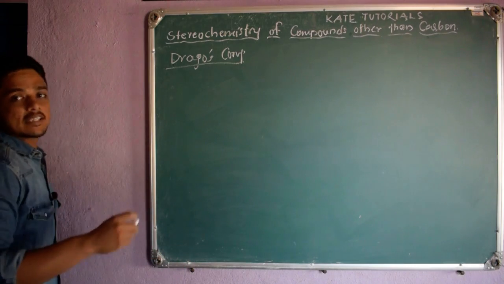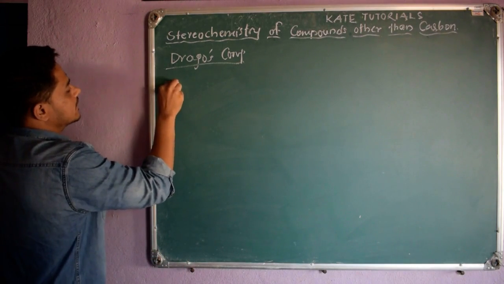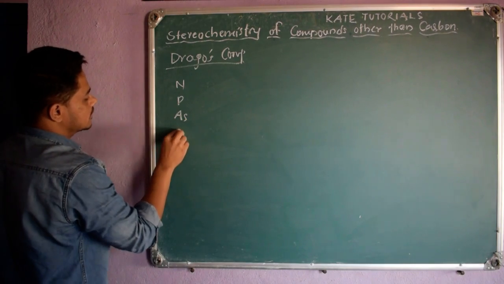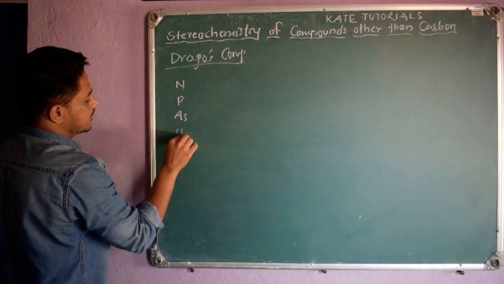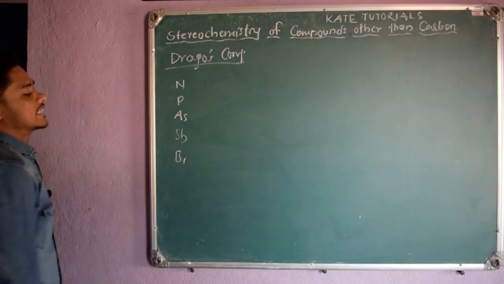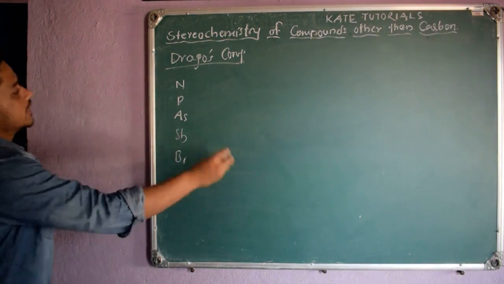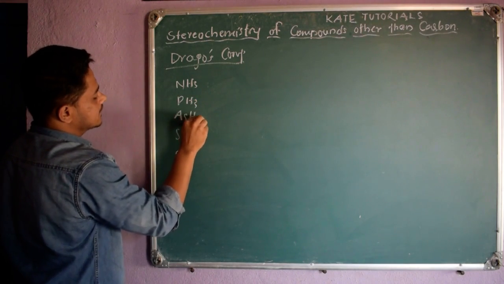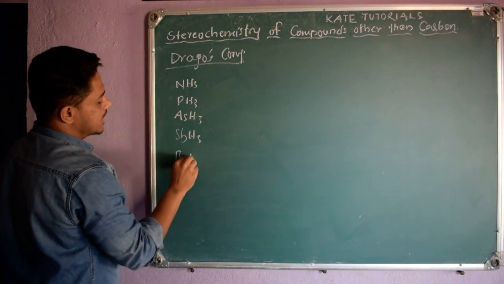For example, the nitrogen family: nitrogen, phosphorus, arsenic, antimony, and bismuth. So take NH3, PH3, AsH3, SbH3 and BiH3.